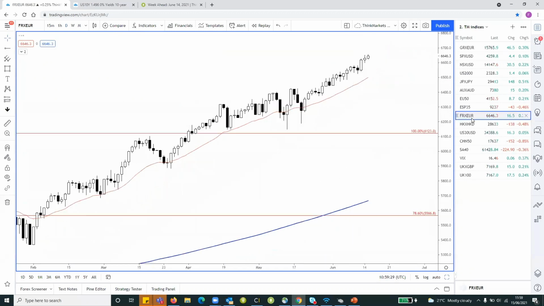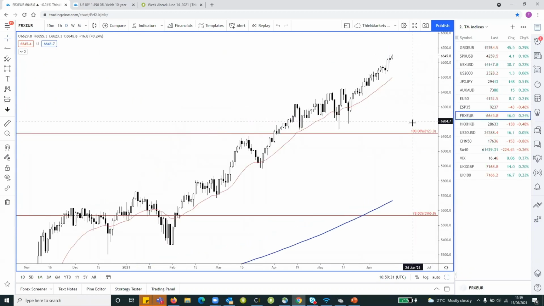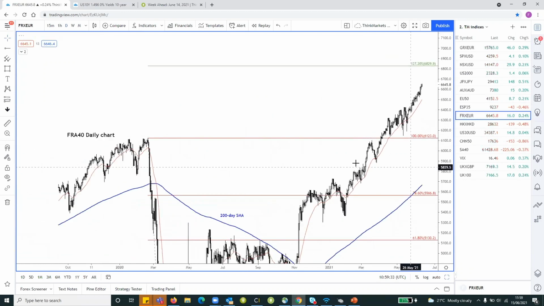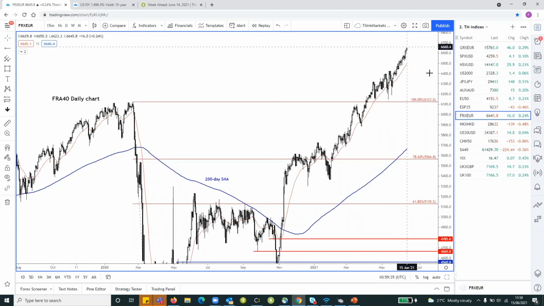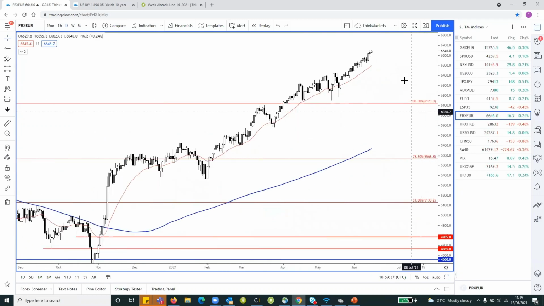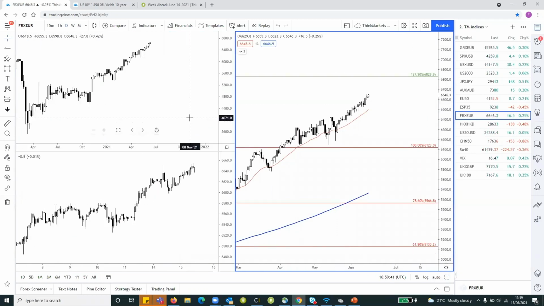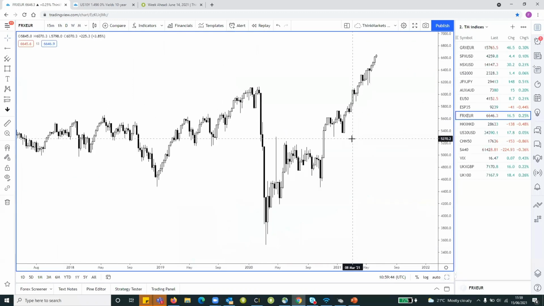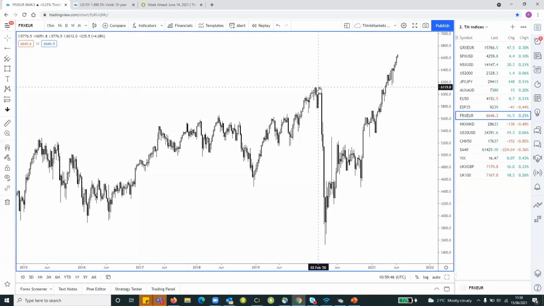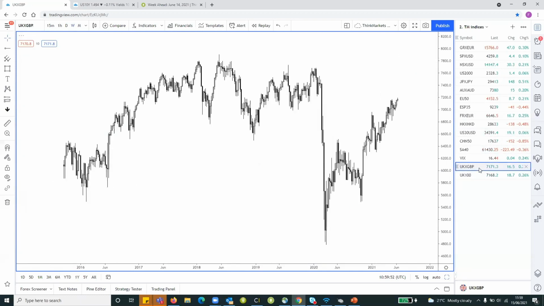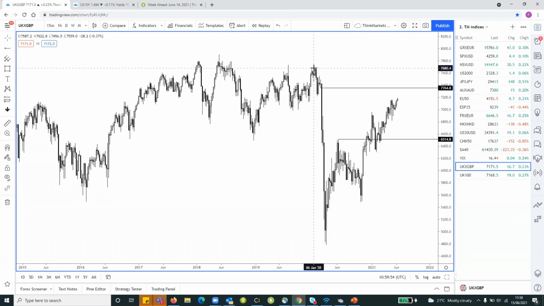If you look at the French CAC index, very strong. It's been melting up for several days, and it's getting closer to the 127 extension. Let's see where the French index is in terms of historical levels. It's broken its pre-pandemic high, which was at 6,100, whereas the FTSE 100, for example, hasn't. See that?